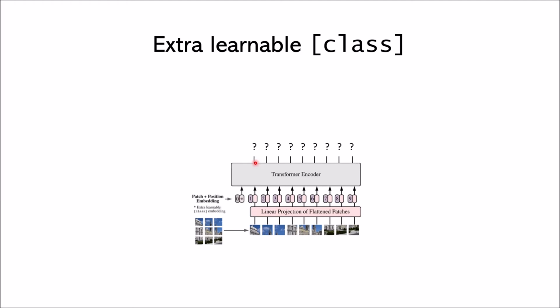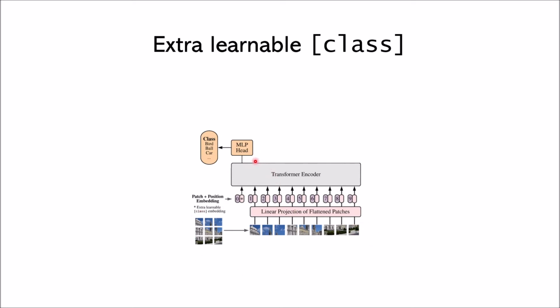This is a hard question, because we don't want to be biased toward any of the patches. So the best solution is to add this class token. This acts like a dummy for our transformer encoder. The transformer will calculate the attention for all of this, and since this class token is not derived from the input but calculated together with the image input, then at the output this specific output will have better generalization of all the input image.